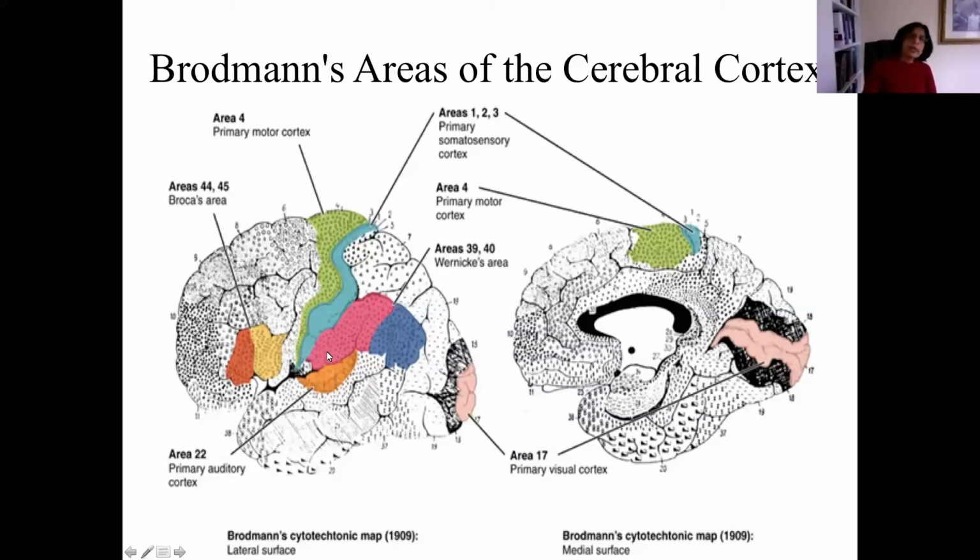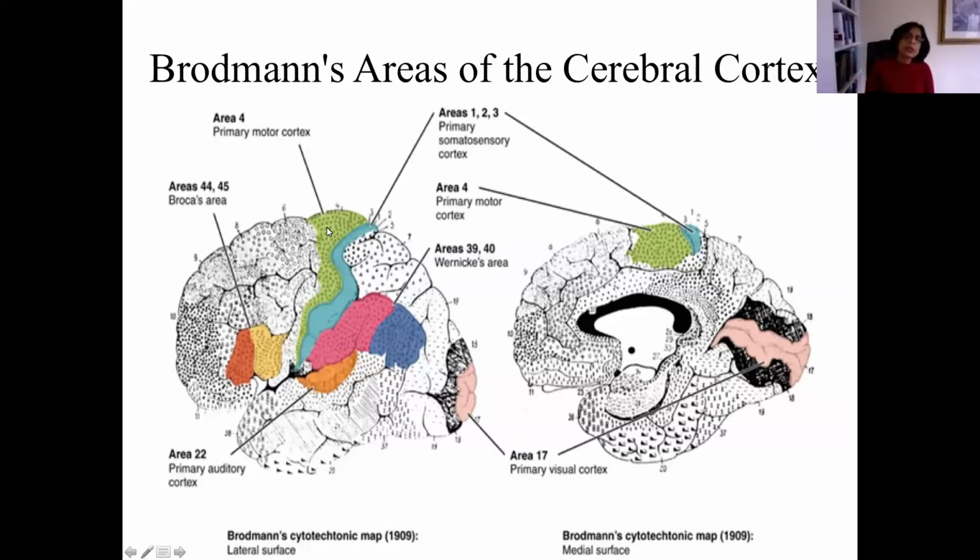Now, similarly, we have some key areas within the parietal lobe and in the frontal lobe. So we are talking about primary motor cortex, this green band, an important one in terms of interpreting or processing and then allowing the motor functions to occur. So this is where the decisions to move one or another part will happen.